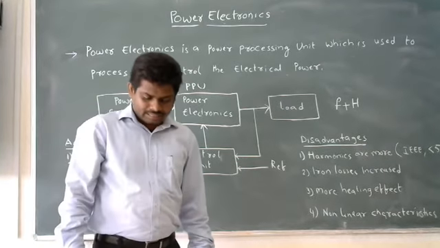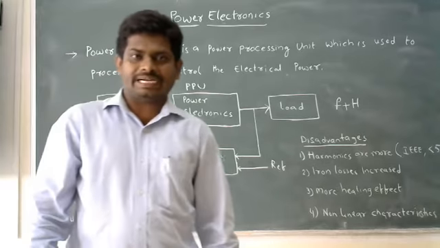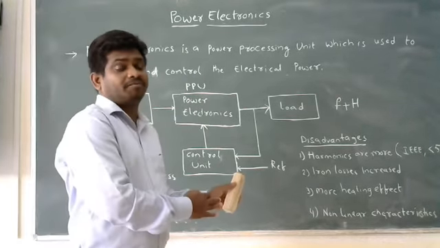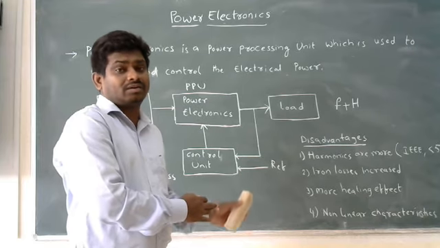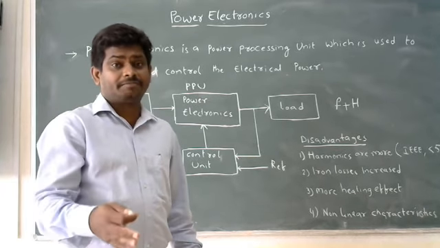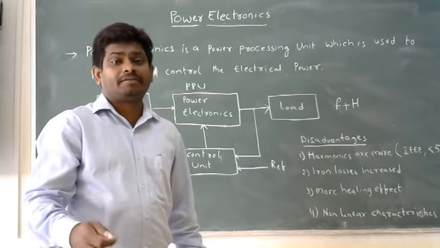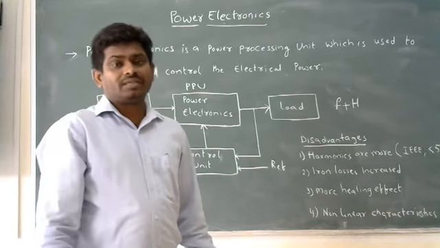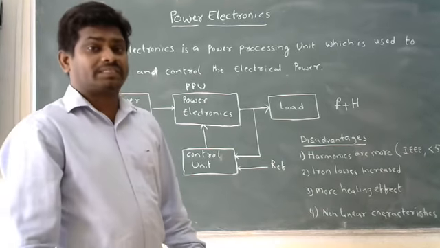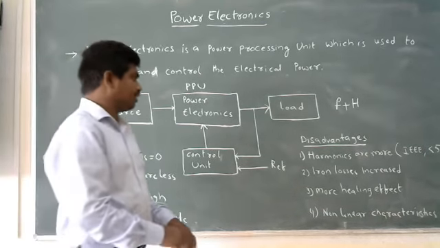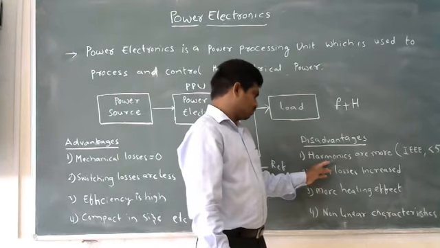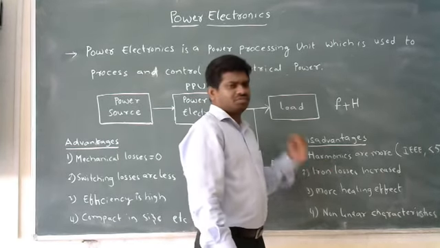Let us say the fundamental frequency is F. Harmonics will be developed apart from the fundamental. We can call them 3F, 5F, 7F, 9F, meaning odd harmonics. Apart from the odd harmonics, sometimes even harmonics are also present. So when you use power devices, harmonics are more, which will damage the system.